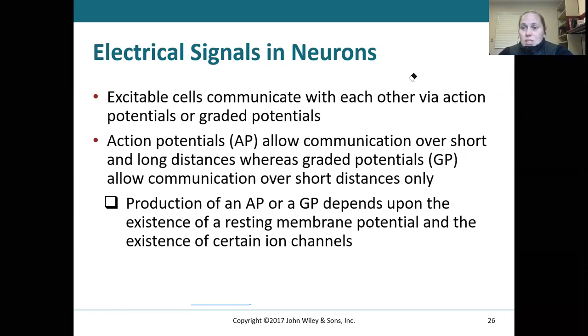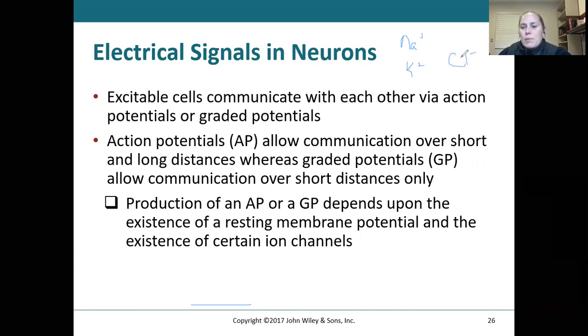So when we talk about electricity, I think it's important to recognize that electricity is mediated by movement of ions, anions and cations, and we'll talk about the movement of those ions. So we essentially are talking about the movement of things like sodium and potassium and chloride.